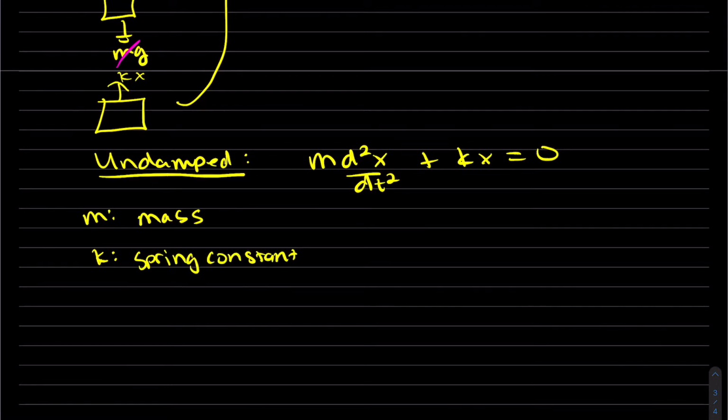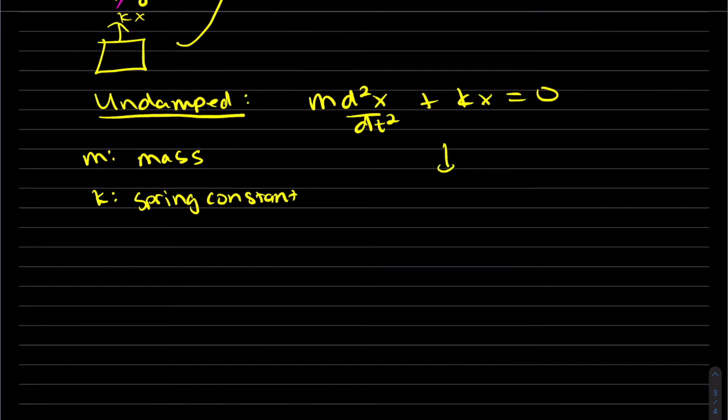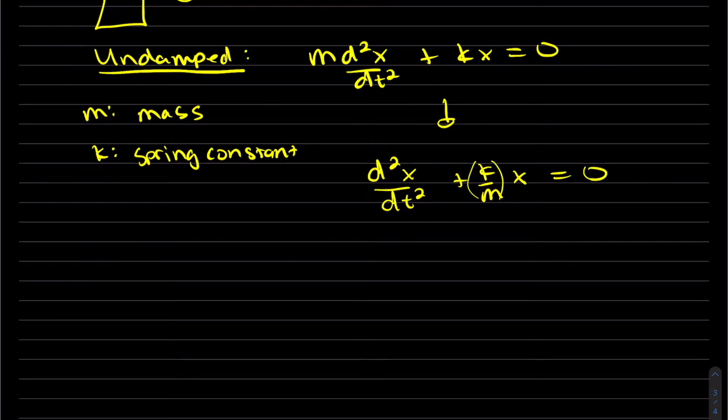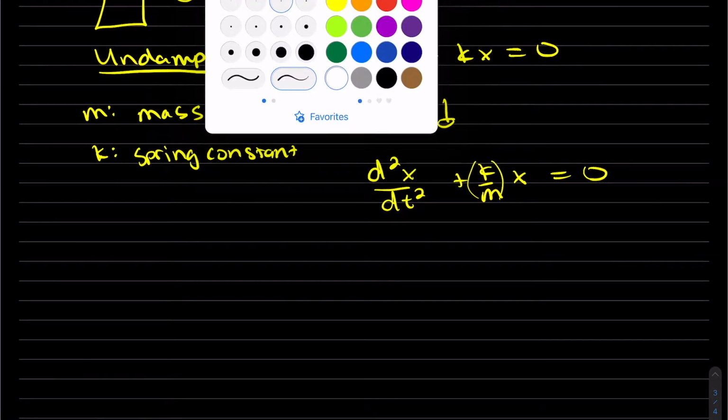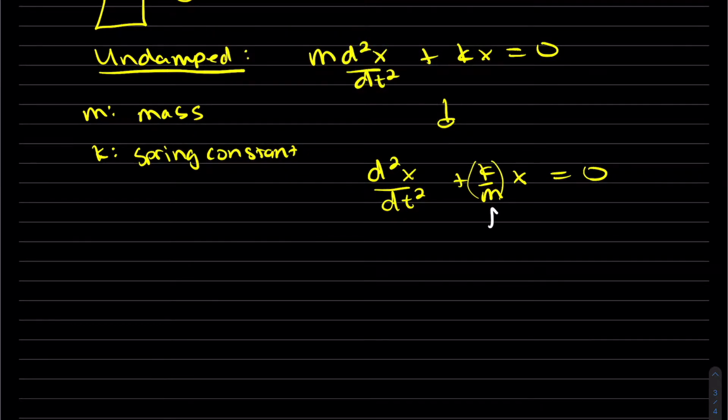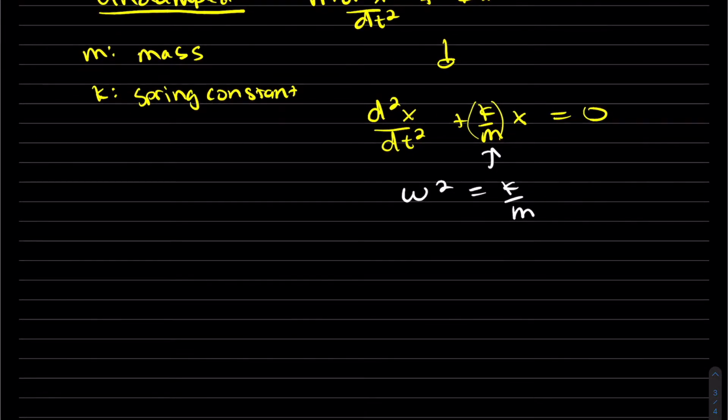And when we go to solve this, you'll see why in a few minutes, we're going to call omega squared equal to K over m, where if we take the square root, omega is equal to the square root of K over m.